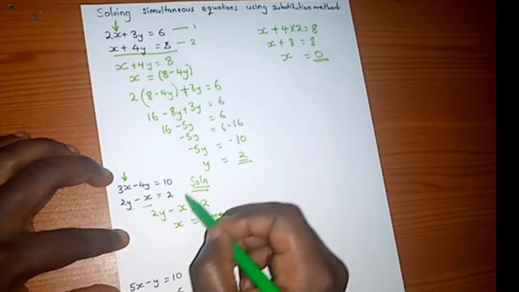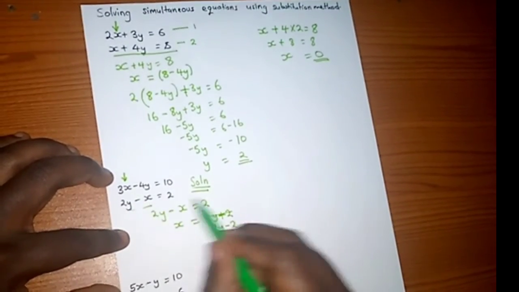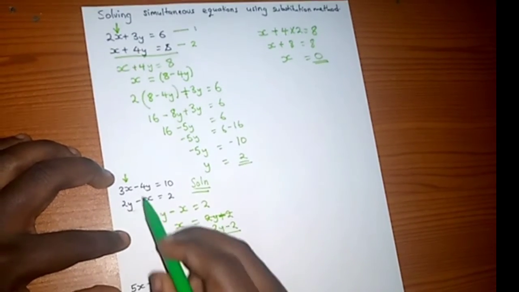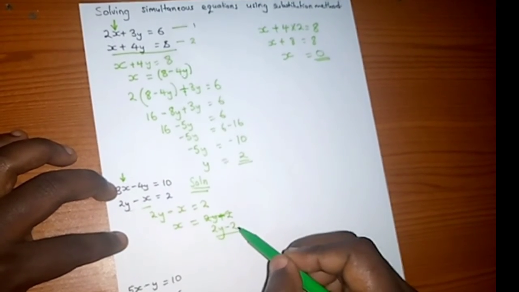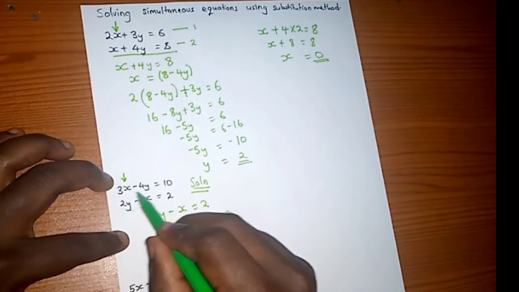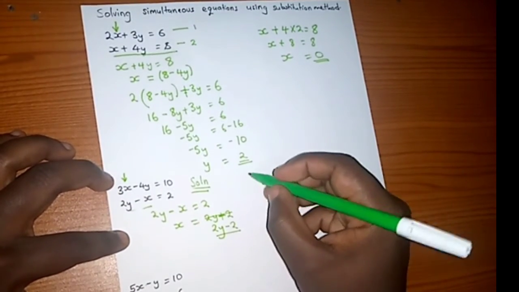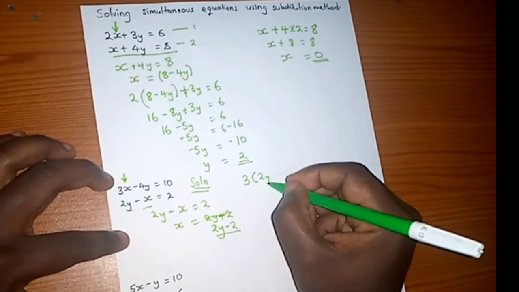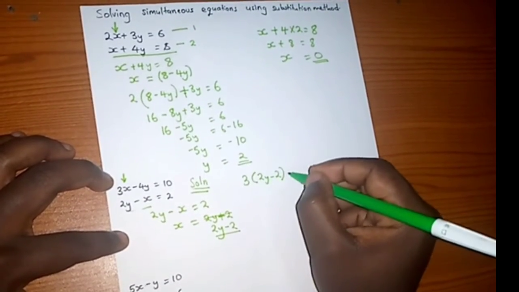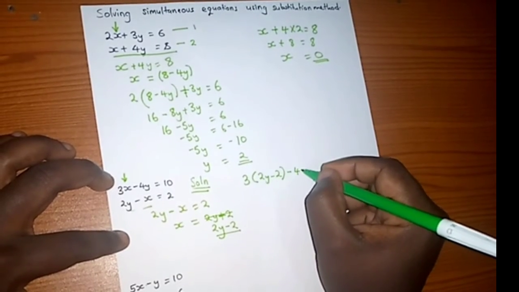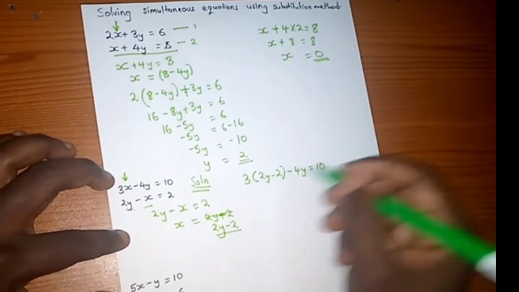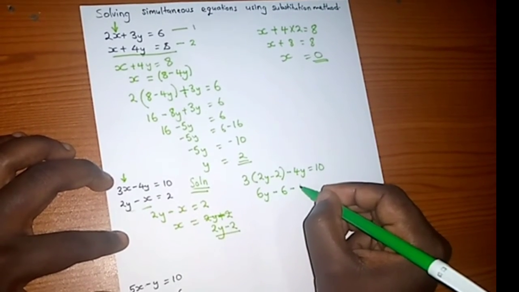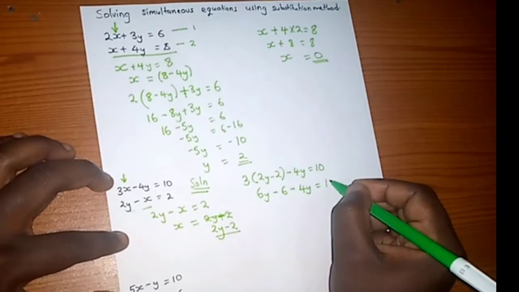I'm going to take this formula and put it in the first equation, because I've used the second equation to make x the subject. So I substitute this value of x into the first equation. It becomes 3 times (2y minus 2) minus 4y equals 10. So 3 times 2y I get 6y, minus 6, minus 4y equals 10.